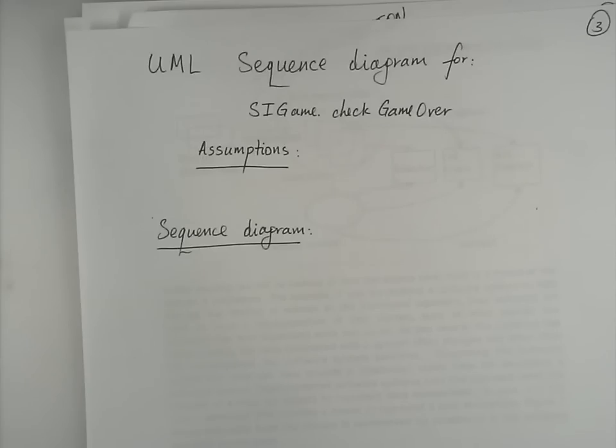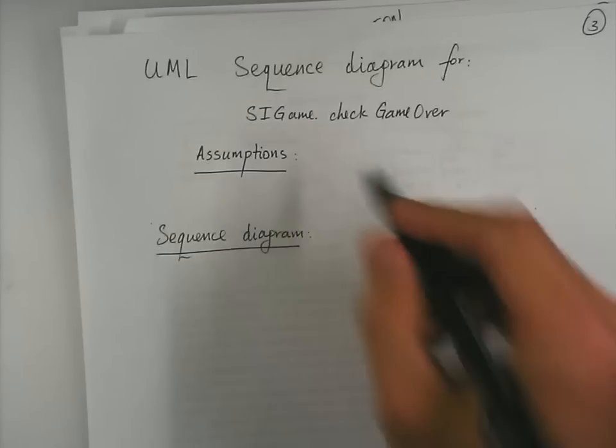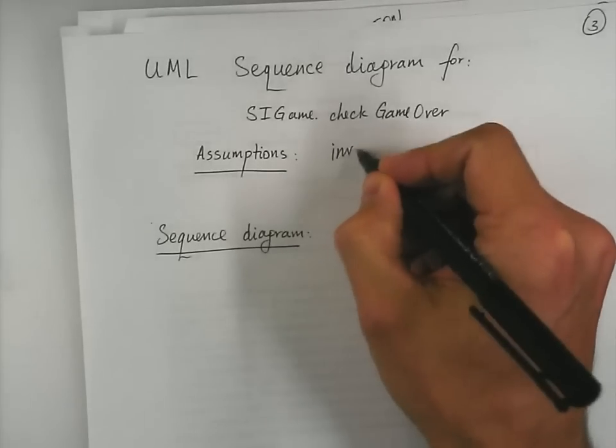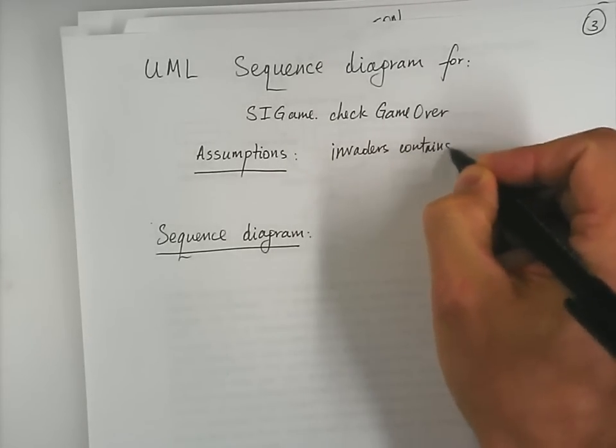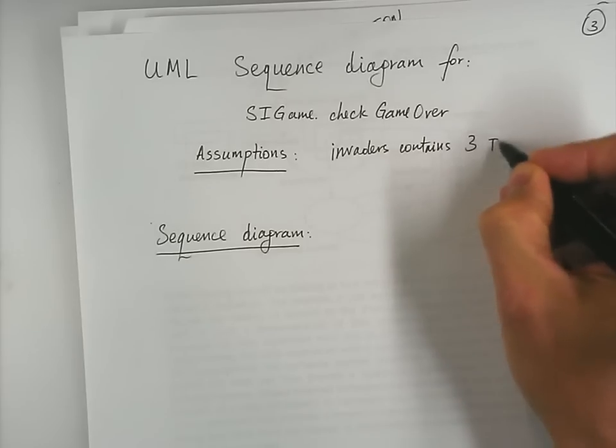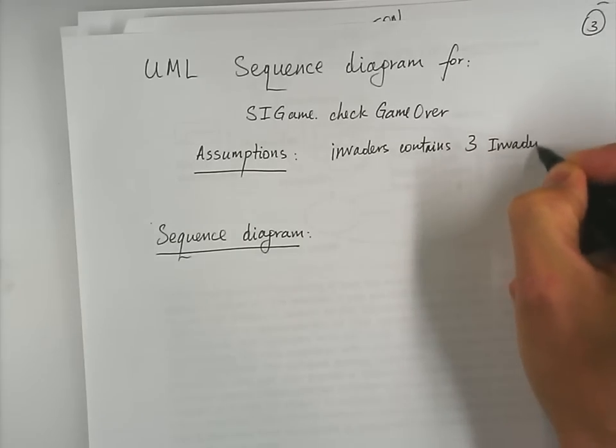Now it doesn't have to be 2. Two is just a random number. It's a nice number for class demonstration purposes that we chose on Friday with the missiles list. Here we have invaders and we can choose any number we want. So let's choose 3 this time, just to make it a little bit different. So our assumption is going to be invaders contains 3 invader instances.